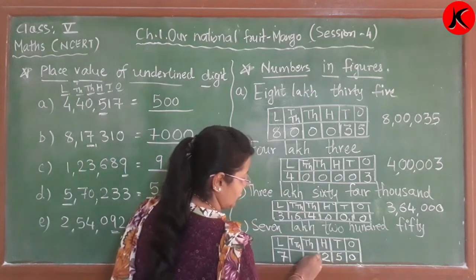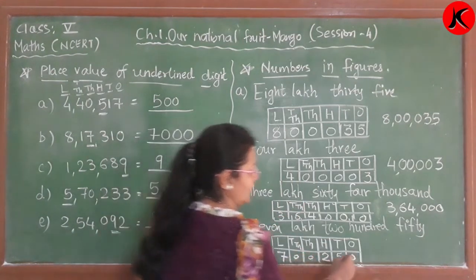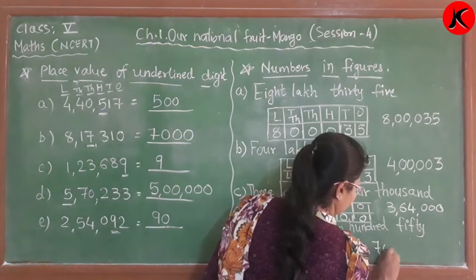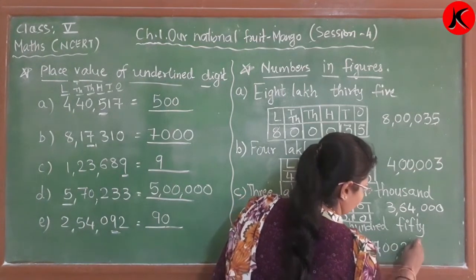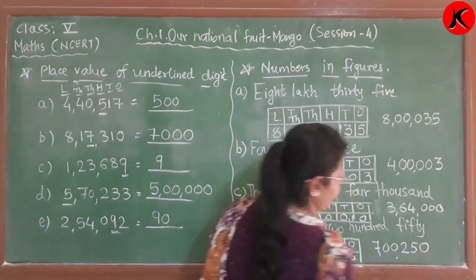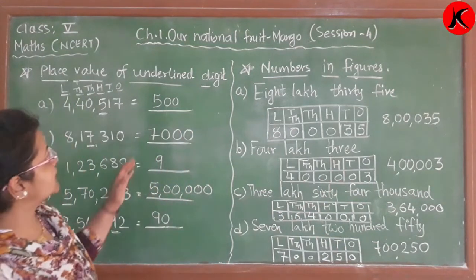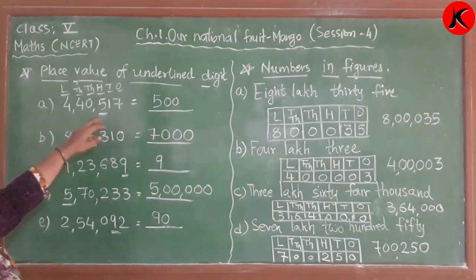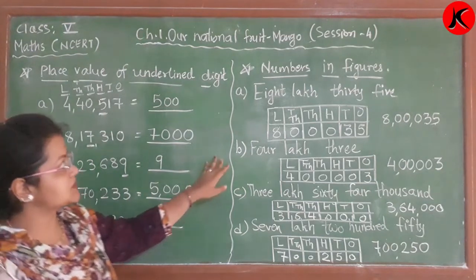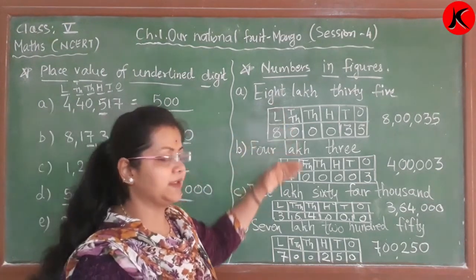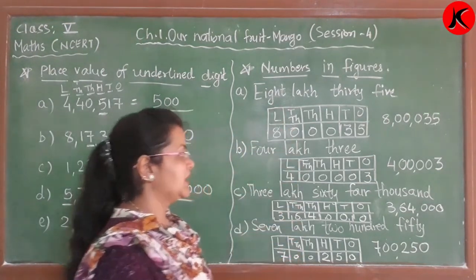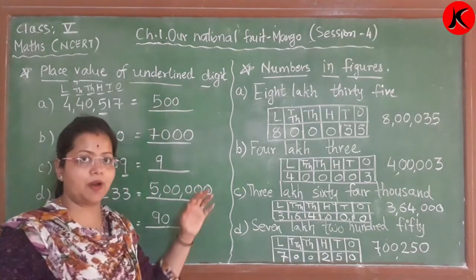Now here we write 0. So how to write in figure? 7 lakh 250. Okay, clear? This one is the place value of whichever underlined digit, and this one is how to write the number in figures. Now in next session we learn more about the numbers.